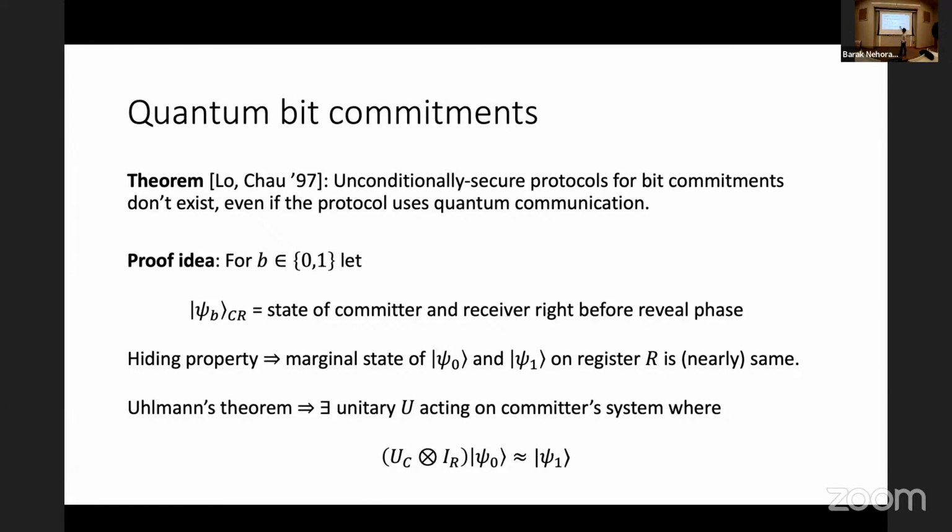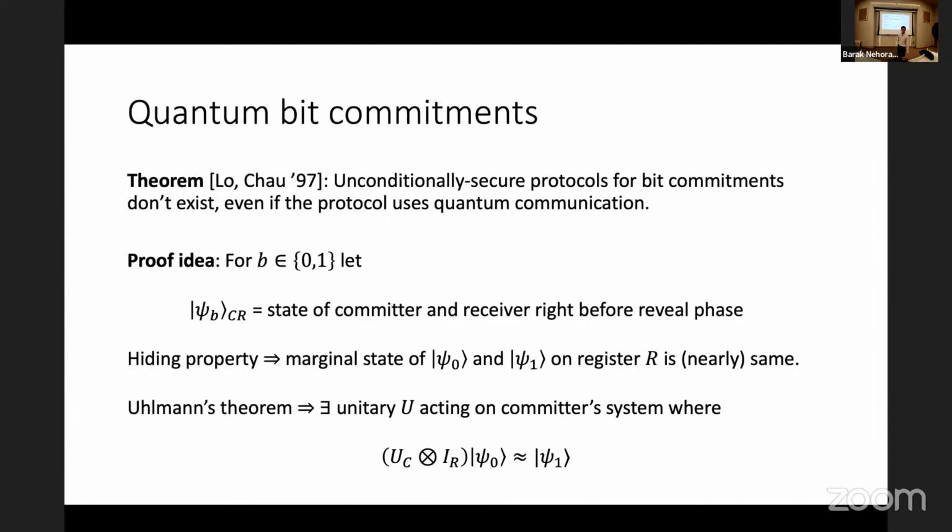If this bit commitment scheme was secure, then it satisfies the hiding property, at least. And what that means is the marginal state of psi_0 and psi_1, from the point of view of the receiver, looks the same. That means the receiver cannot distinguish between bit 0 and bit 1.